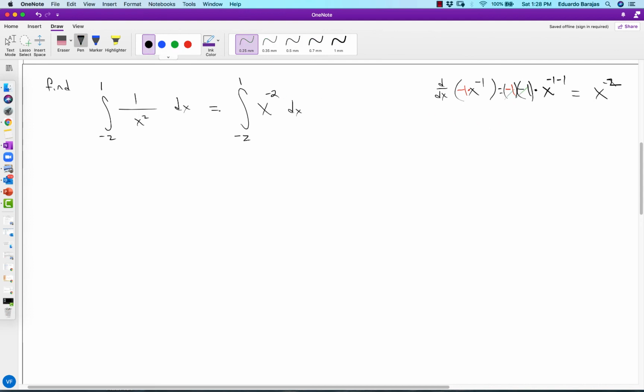The slightly longer notation would be to rewrite this as the derivative of a function whose derivative is this. So this is equal to the integral from negative 2 to 1 of the derivative with respect to x of the function negative 1 times x to the negative 1.